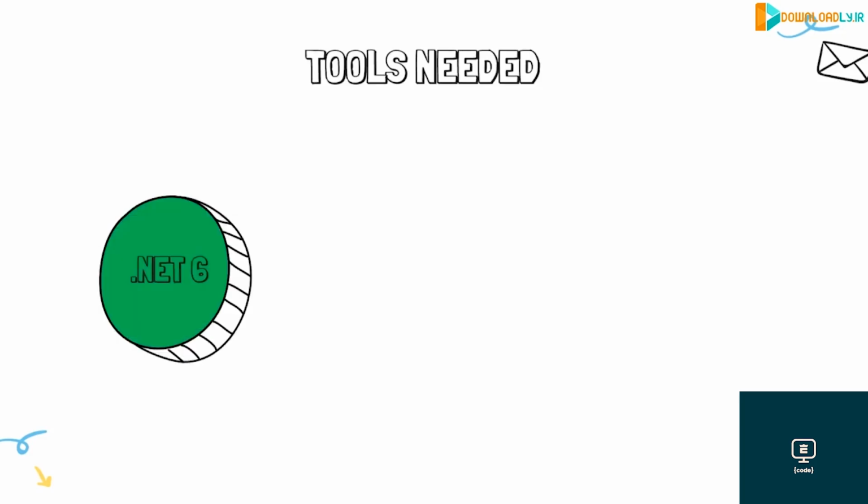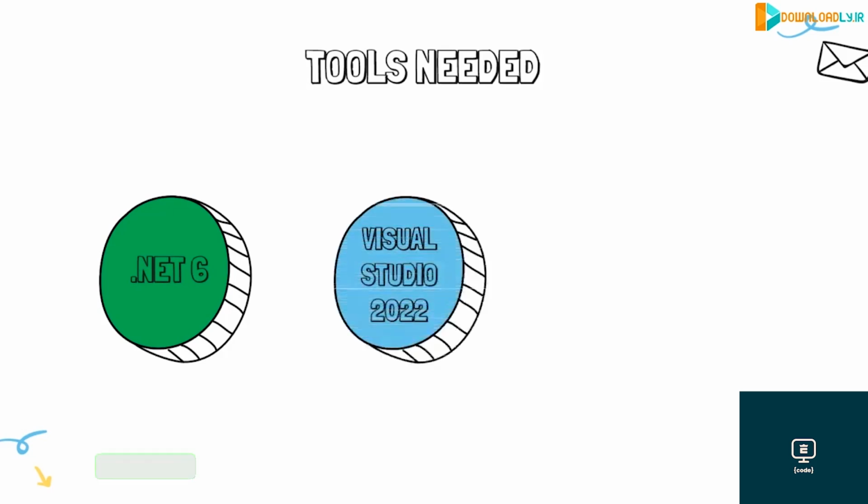Let me walk you through all the tools that are needed for this course. We will be building our application using .NET 6. So you can either go to Microsoft website and install that, or if you install Visual Studio 2022, it should be installed with that. That being said, the IDE that we will be using will be Visual Studio 2022.